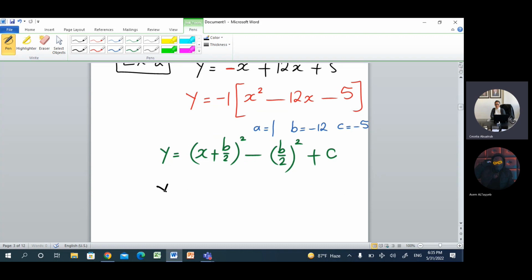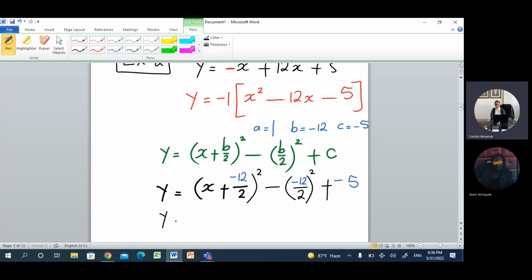We say y is equal to, the x will stay as is, plus b over 2. What is b? b is -12. And all to the power of 2 minus, open a bracket to the power of 2, b over 2. What is the value of b? It's -12. And then plus c. C is equal to -5.